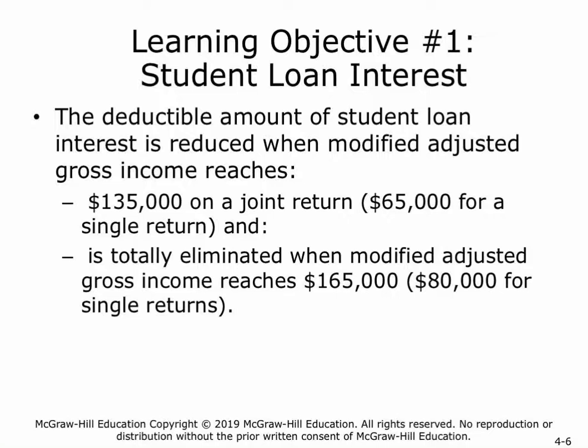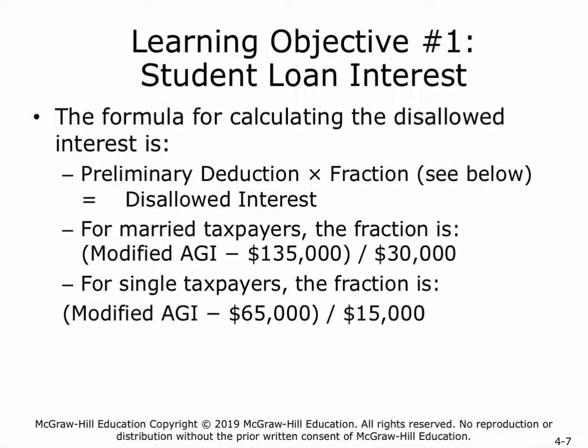Now let's take a look at how that actually happens in practice. So if we look at the equation here, we'll see the formula listing preliminary deduction multiplied by our fraction is going to equal the disallowed interest. So if we were a married taxpayer and have $135,000 of income that's going to be considered for a modified AGI, we are going to have 135,000 minus 135,000, which would equal 0, divided by 30,000.